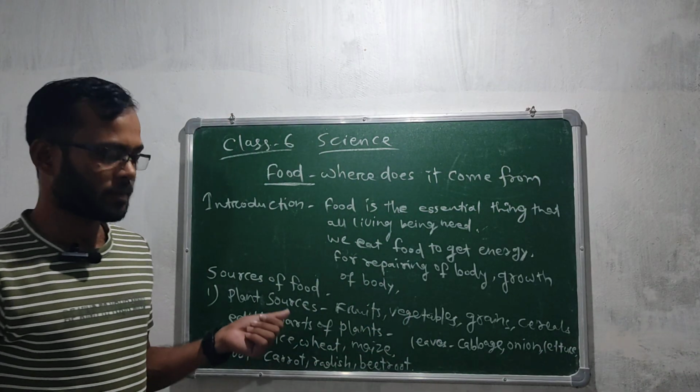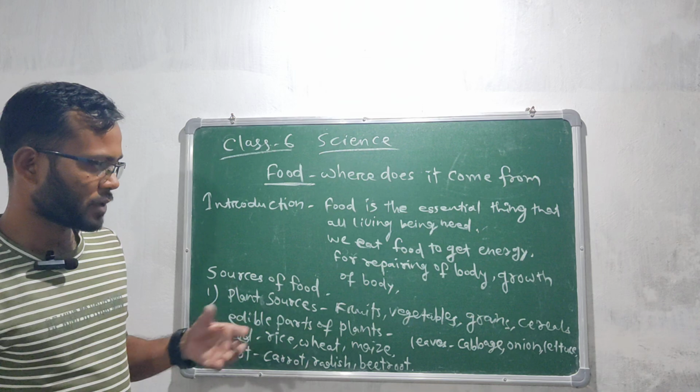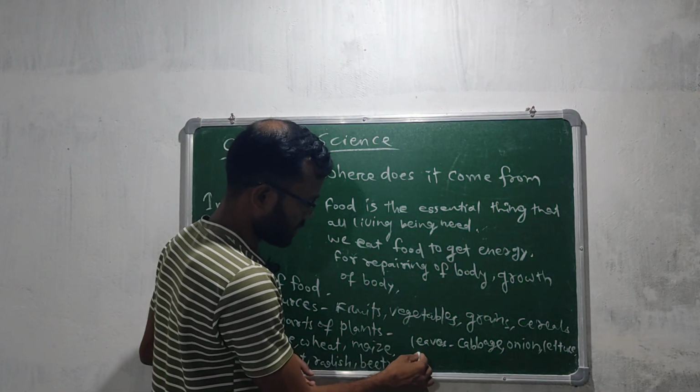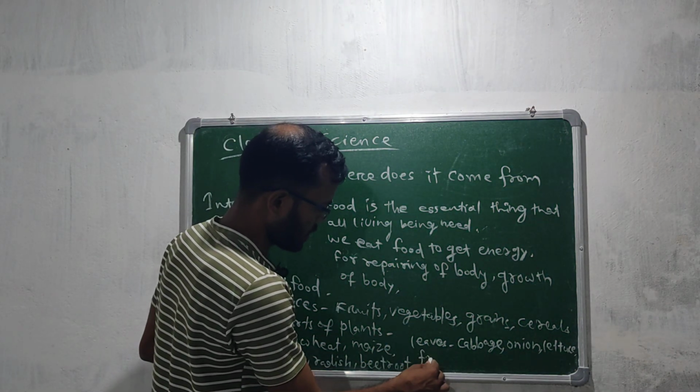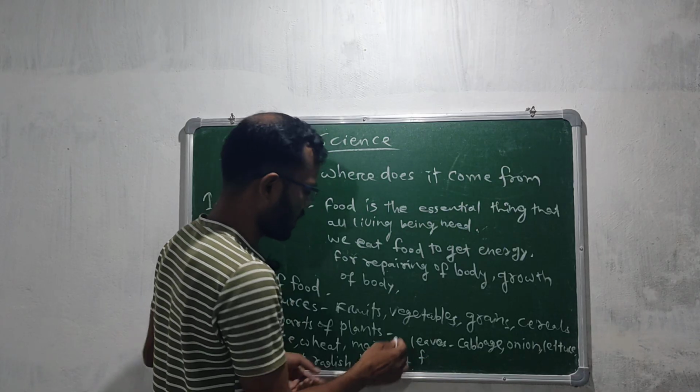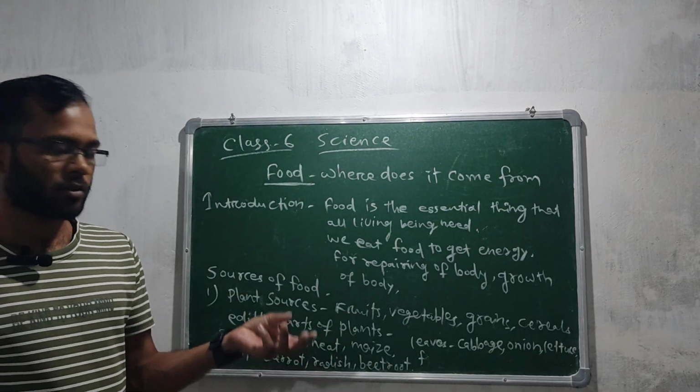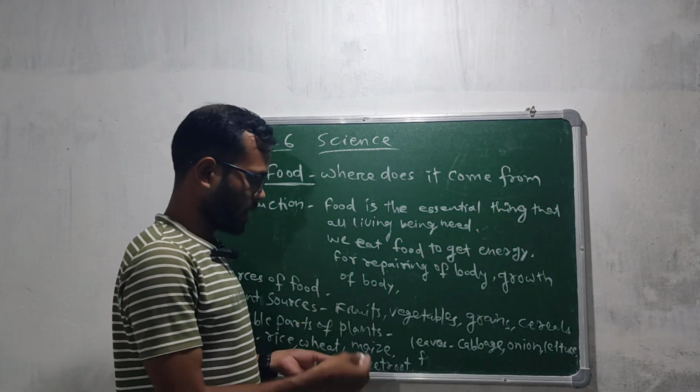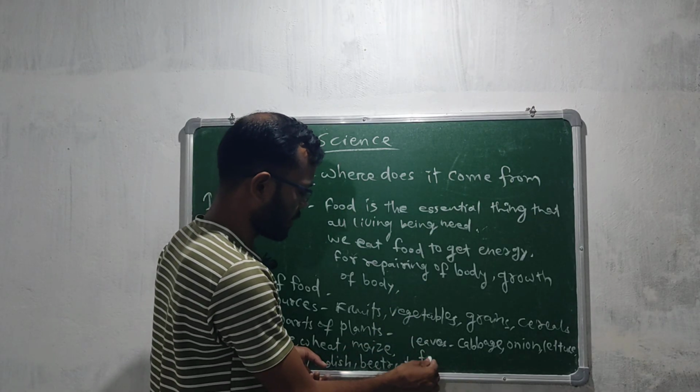These are examples of leaves that we eat as food. Then fruits. We all know we eat fruits like mango, banana, grapes, pomegranate, papaya, all these things.